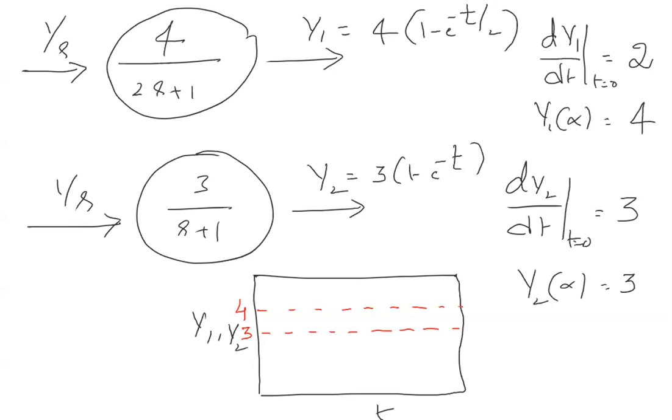Initial slope is less means it starts slowly. This is y1. What is y2? This is y2.